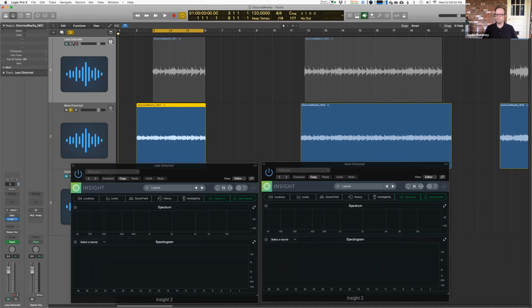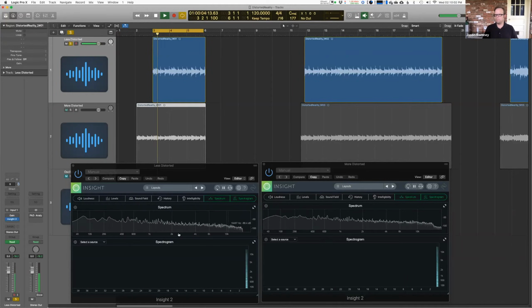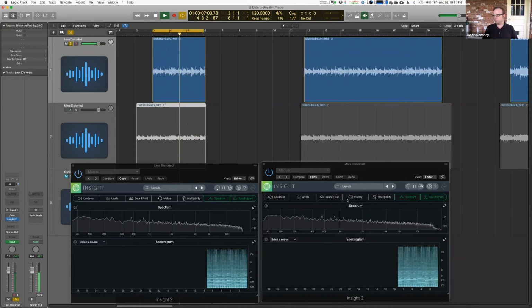So now let's actually listen to them. I'll start with the less distorted one, and we're going to look at our graphs here and see if we can figure out what's different about these two. You'll be able to see the graphs for both, but we'll only hear one at a time. So this one on the left is the less distorted, and the one on the right is the more distorted.